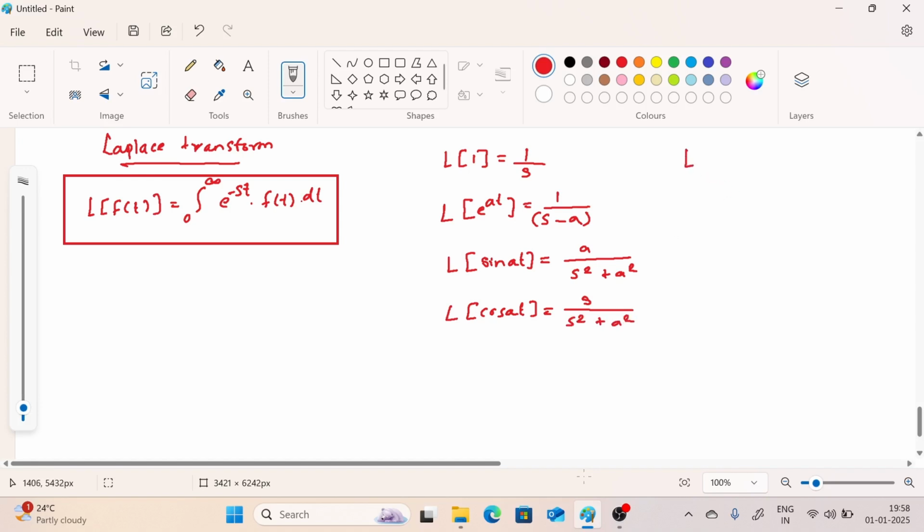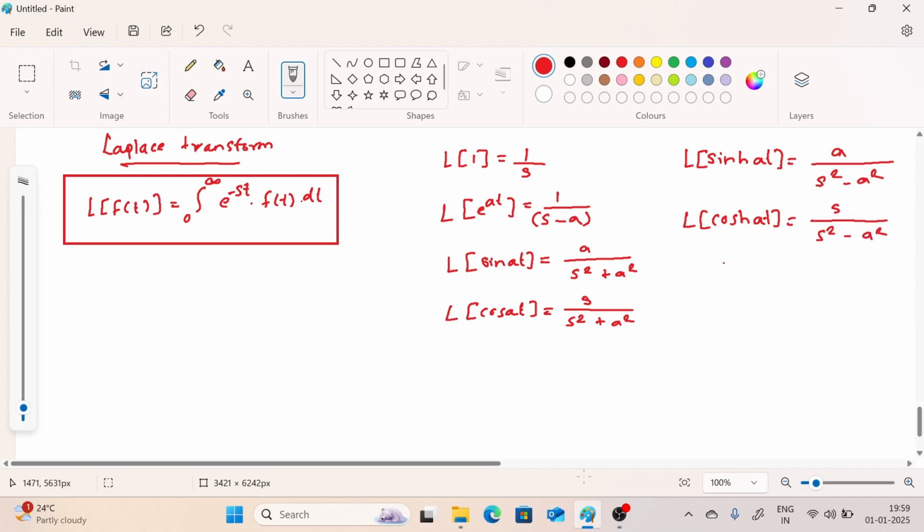Then we discovered the value of Laplace of sine hyperbolic at, equal to a upon s square minus a square. Laplace of cos hyperbolic at is equal to s upon s square minus a square.